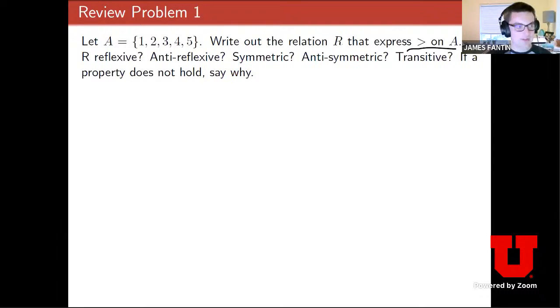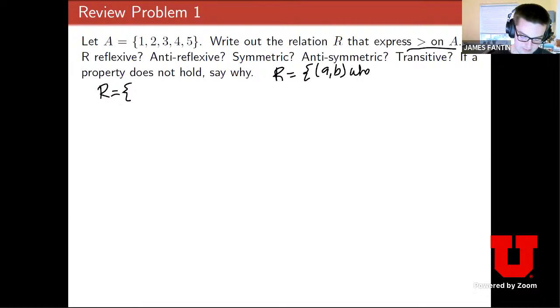So let's figure out what's in the relation R. It's a set of all tuples where, if this is maybe not quite as clear as greater than, we're basically saying that R is the set of all AB, where A and B are in A, and A is greater than B.